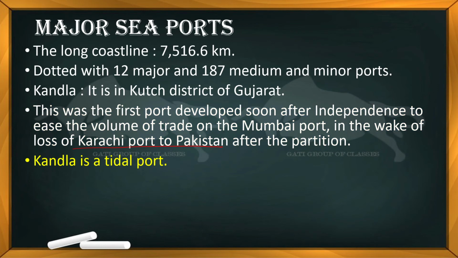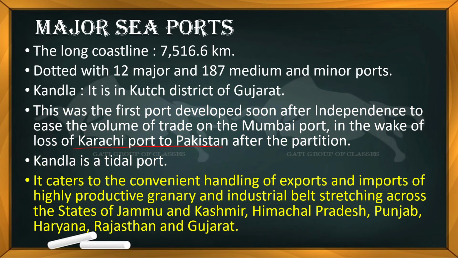And Kandla is a tidal port. The things exported and imported from here come from a highly productive granary and industrial belt stretching across the states of Jammu and Kashmir, Himachal Pradesh, Punjab, Haryana, Rajasthan, and Gujarat.